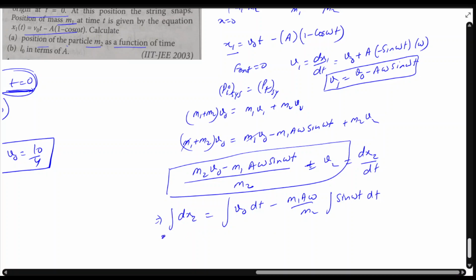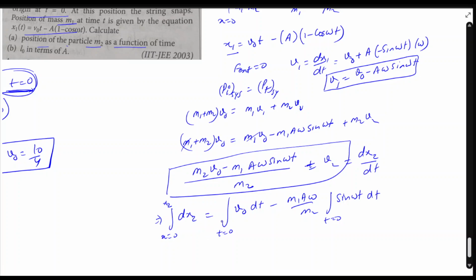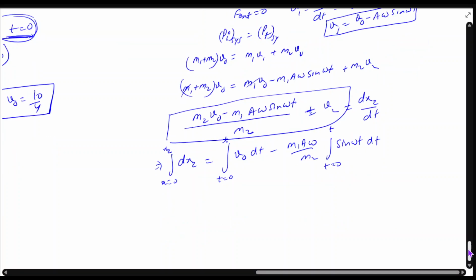So initially x equals to 0, t is 0. Now at certain, let's say it is x2, t is t, right? So let's put those values.